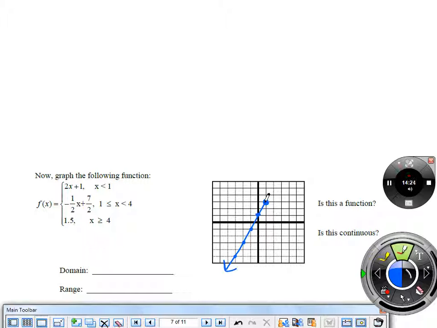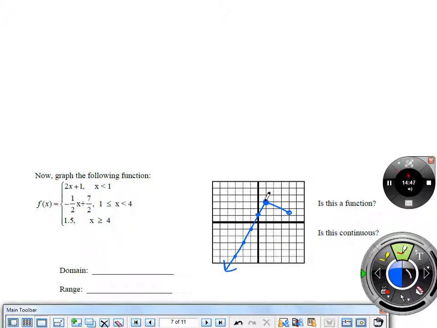Okay. All right, and then go ahead and graph your second function. Okay. And so you have that portion of it, and then it stops at the point 4, 1.5, and that's open.